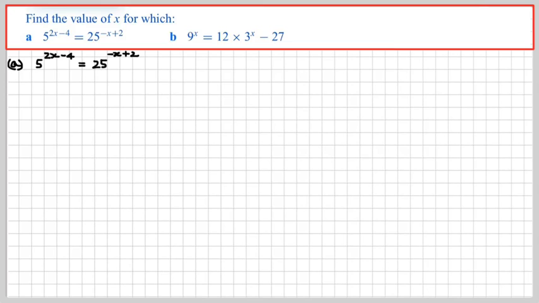So we've got 5 to the 2x minus 4 is 25 to the minus x plus 2. Now 25 is 5 squared. So let's just re-express it like that, right? 5 squared to the minus x plus 2. Now you know what to do when you've got a power raised to another power. The index laws on the previous screen: what do you do?